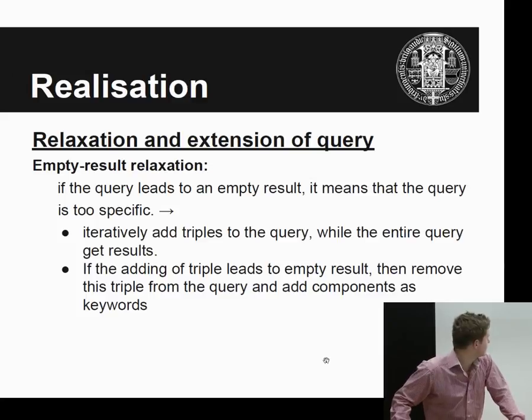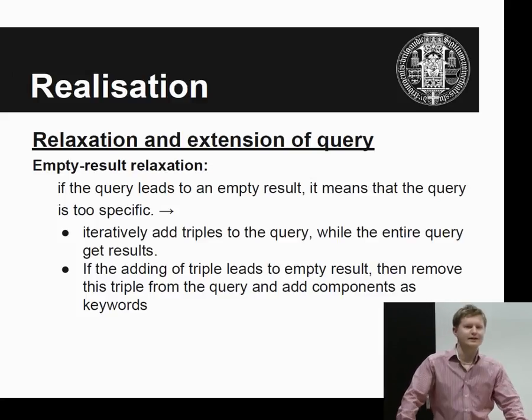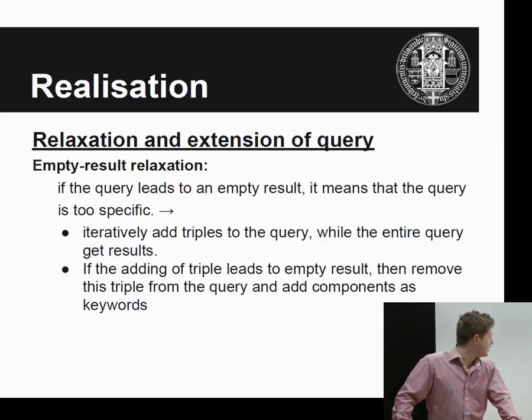The second technique is the empty result relaxation. It can be that after we have got the finished query, this query leads us to an empty result list. And what does it mean? It means that the query can be too specific, or it can also be that each triple gives us some result, but together the intersection of them is 0.